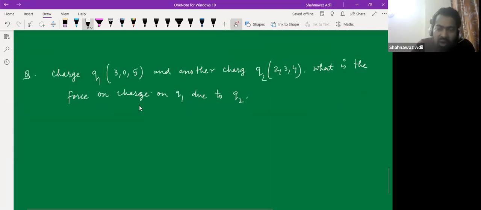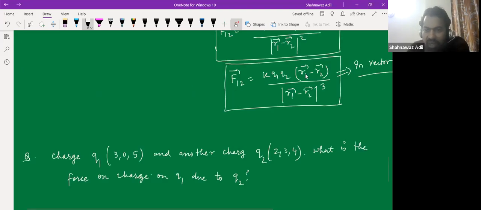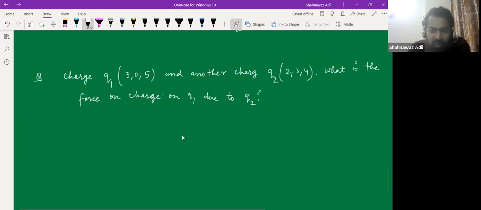And what are the things that we need to calculate? We have to calculate R1, R2, and then their magnitude, right? So how can we do that? Do we remember how we write the position vector?